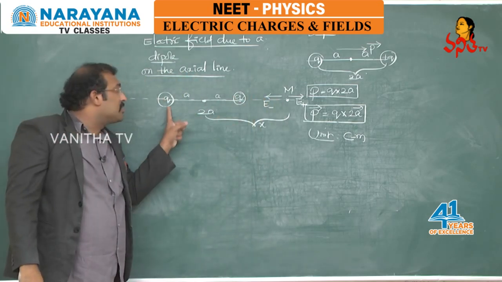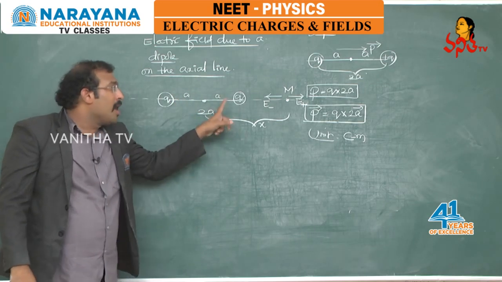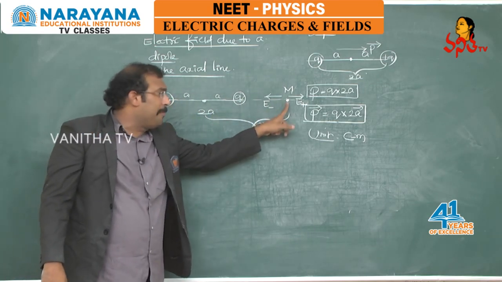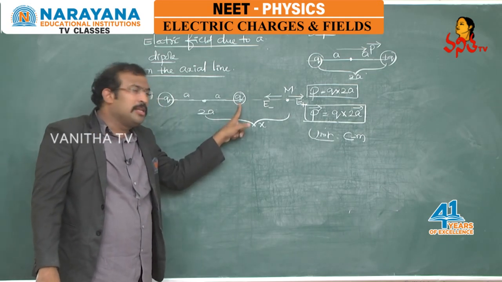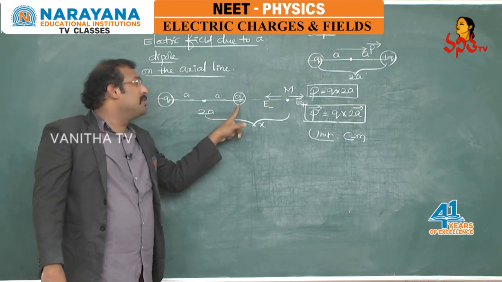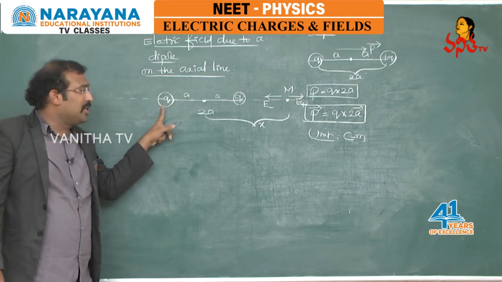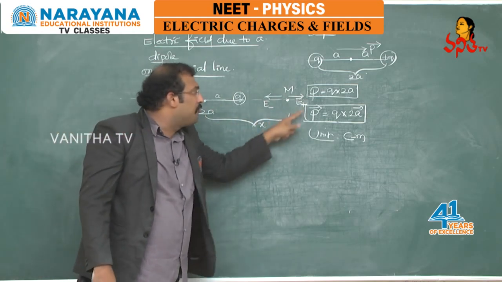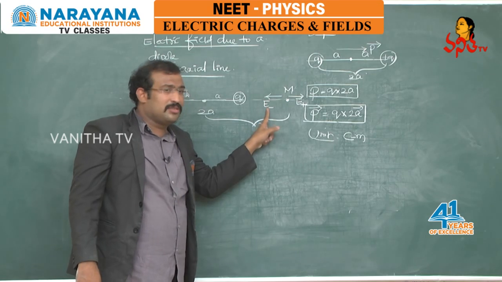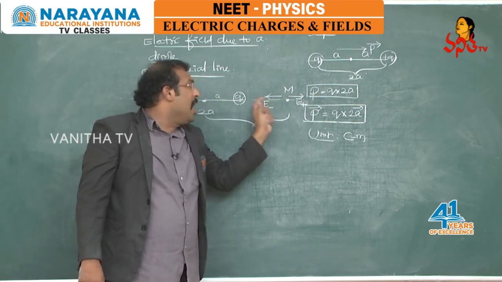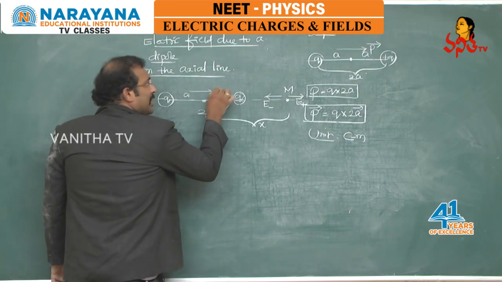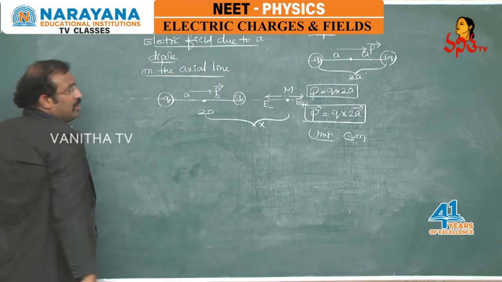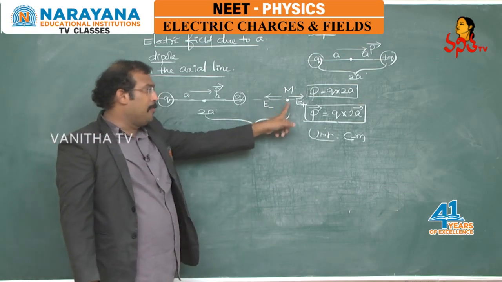Since the two charges are of equal magnitude and the positive charge is very close to M than the negative charge, the electric field due to the positive charge will be greater than that of the negative charge. So the net electric field will be away from the dipole, that is in the direction of dipole moment.